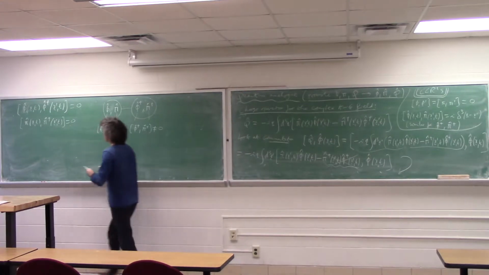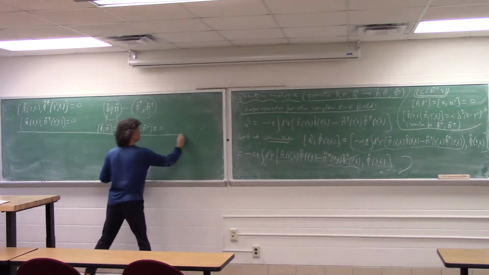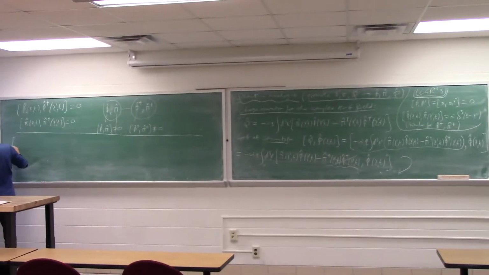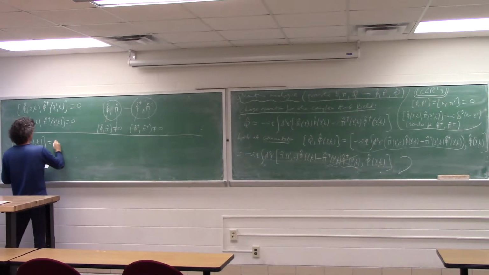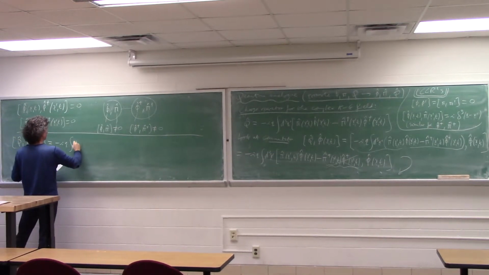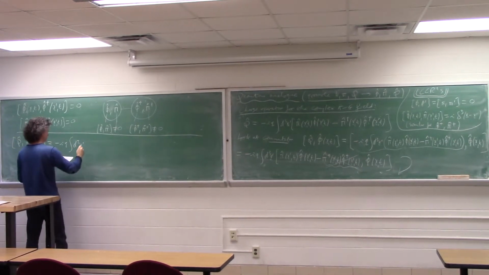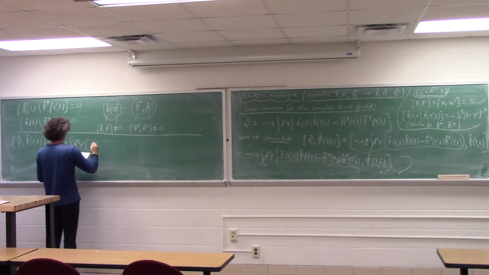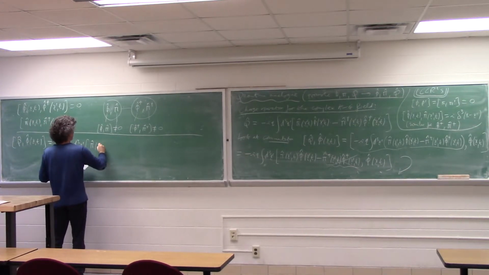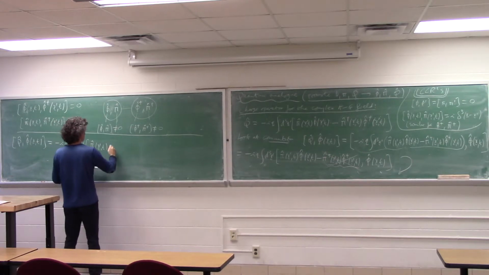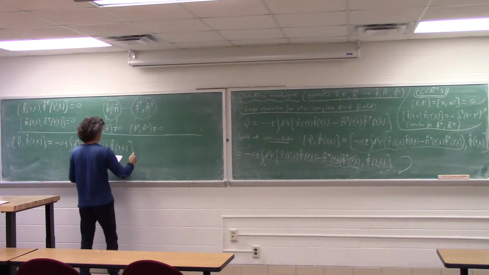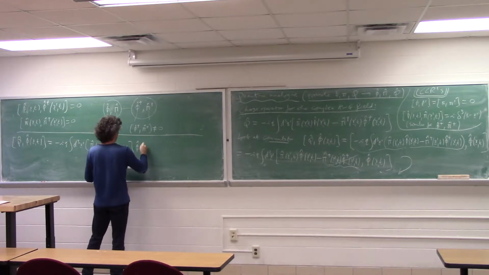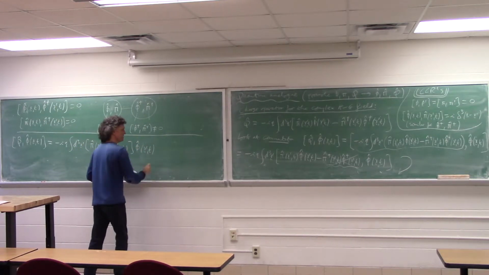So the commutator Q hat with phi hat xt is equal to minus iq times the integral over all space of the commutator of pi hat of x prime t with phi hat xt, and here multiplying phi hat x prime t.